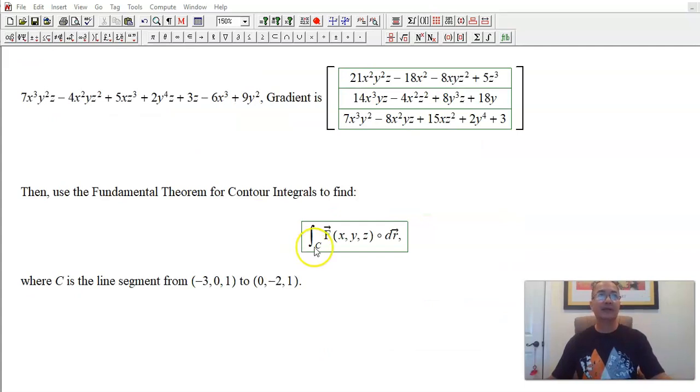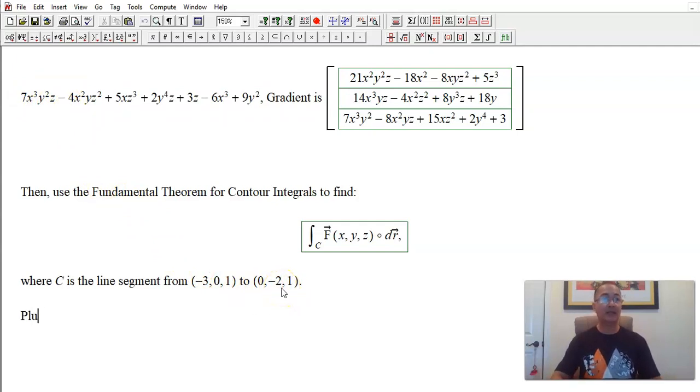Okay, so now we get to use this potential function to find the work done by F moving a particle from point A to point B. It looks like the z-coordinate did not change. That's fine. So the idea is to plug into our potential function the 2 endpoints.